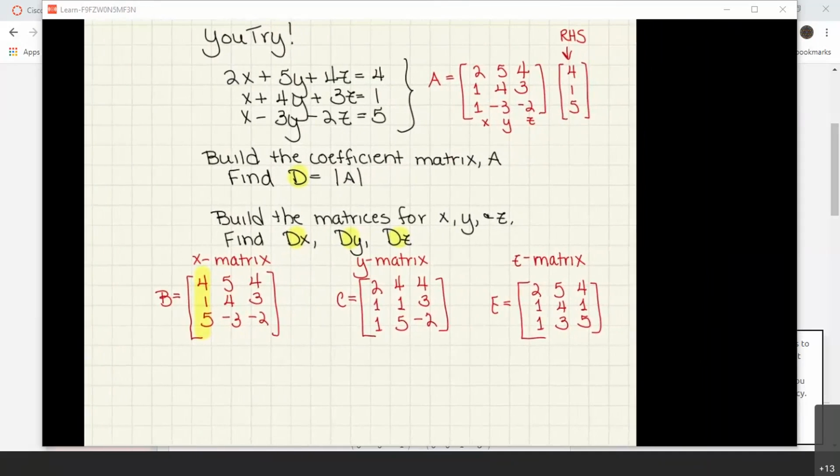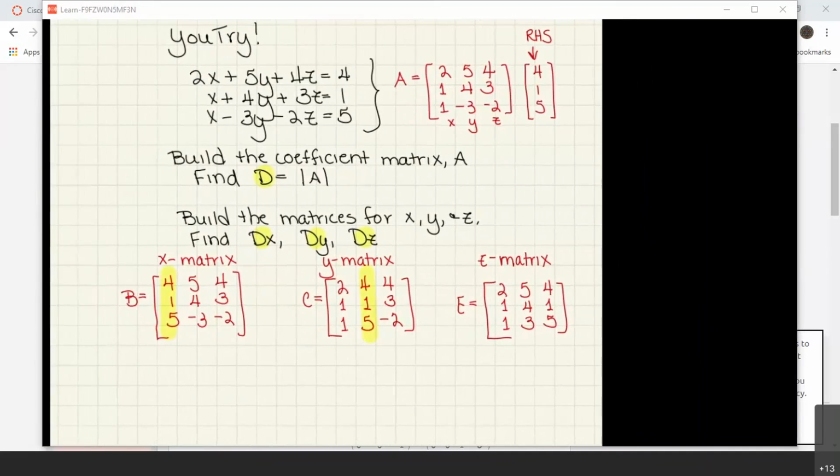My Y matrix is the same as the coefficient matrix, but the Y column is replaced with the right-hand side. And the Z matrix is the coefficient matrix with the last column replaced with the right-hand side. So if you are still building your matrices, please take a look at these and make sure you did the replacement with the coefficients correctly.